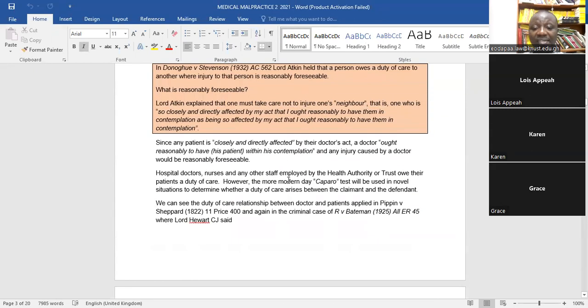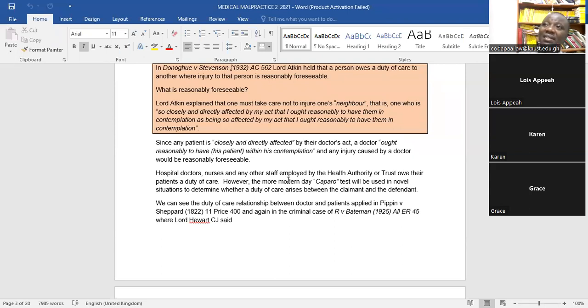Of course, in that case, the court will actually look at whether in that new situation, it is fair, just and reasonable for a duty of care to be recognized. If that can be established, then the court will say that a duty of care exists in that new situation in which it has never been recognized that a duty of care, for example, was owed.